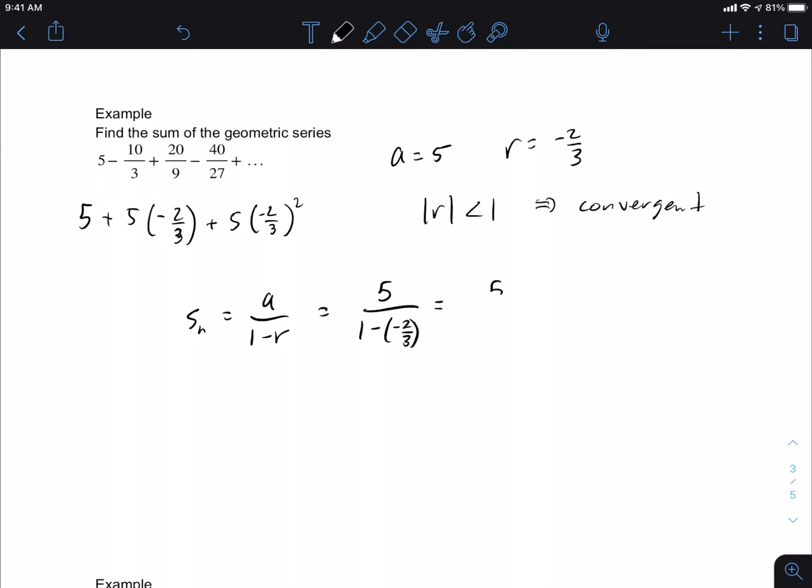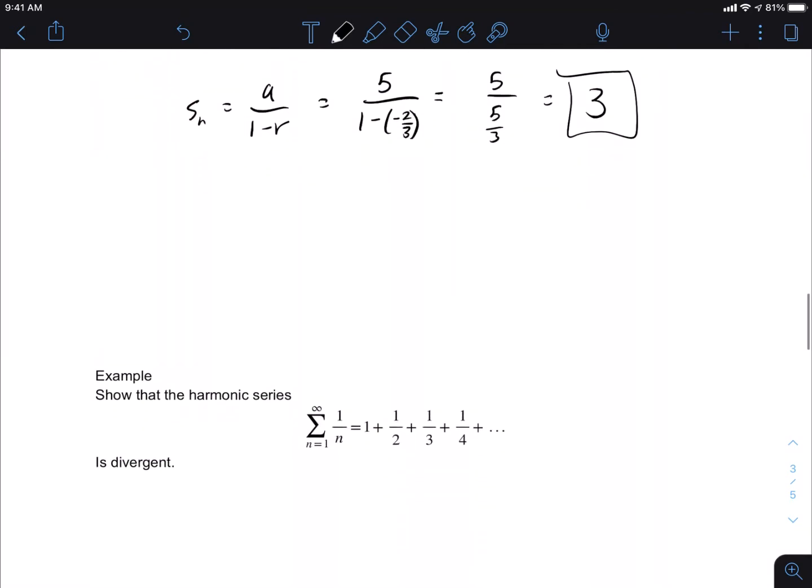That's going to give me 5 over 5/3, or my sum is going to be 3. So we clearly see this is convergent, and the value that it's going to add up to is 3. It's crazy. An infinite number of numbers added and subtracted are going to come up to one number.